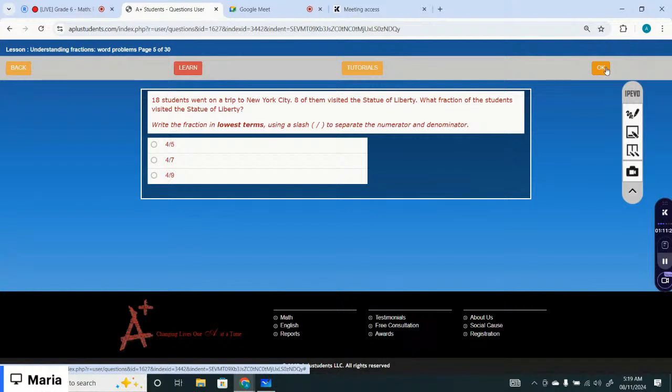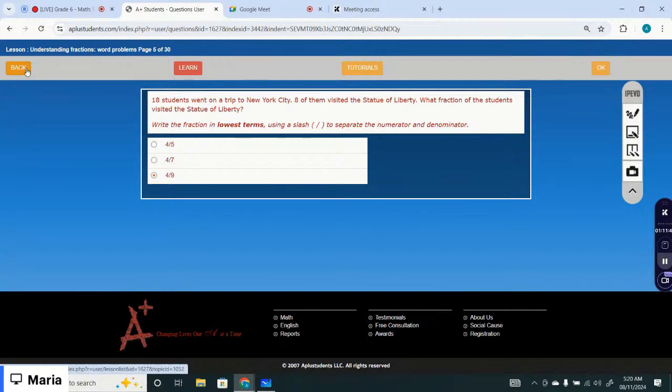So the correct option is, that is 8 out of 18, and you can write it in the simplest form, so that would be 4 out of 9. Option number 3 is the correct option.